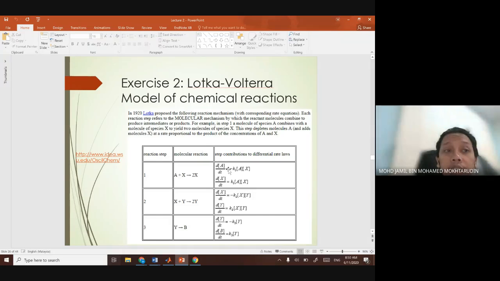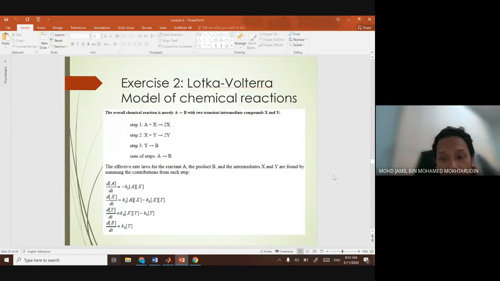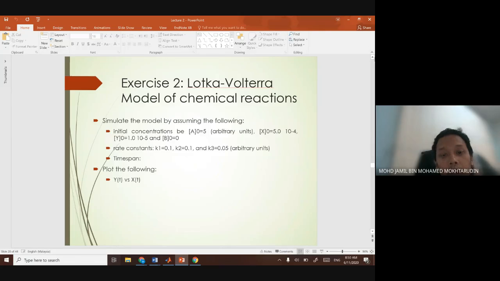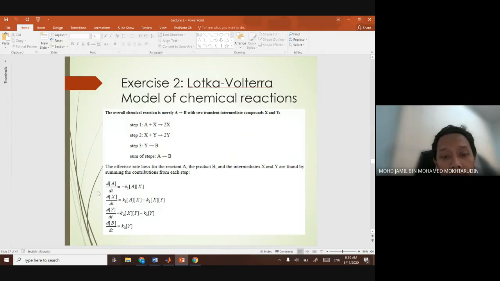So in the example that we tried just now, you have 2 ODEs only, but here you have 4 ODEs. Okay, so here you are given the equations of the 4 ODEs.